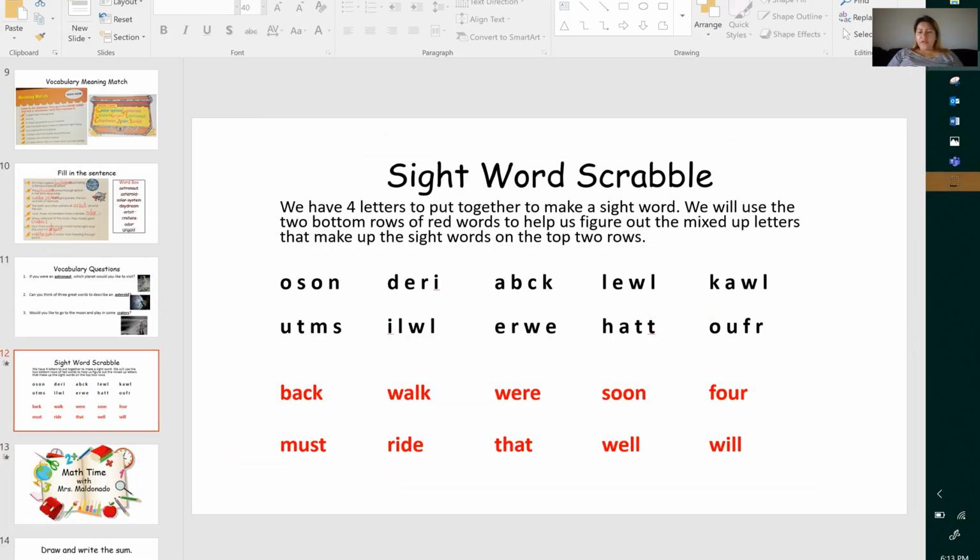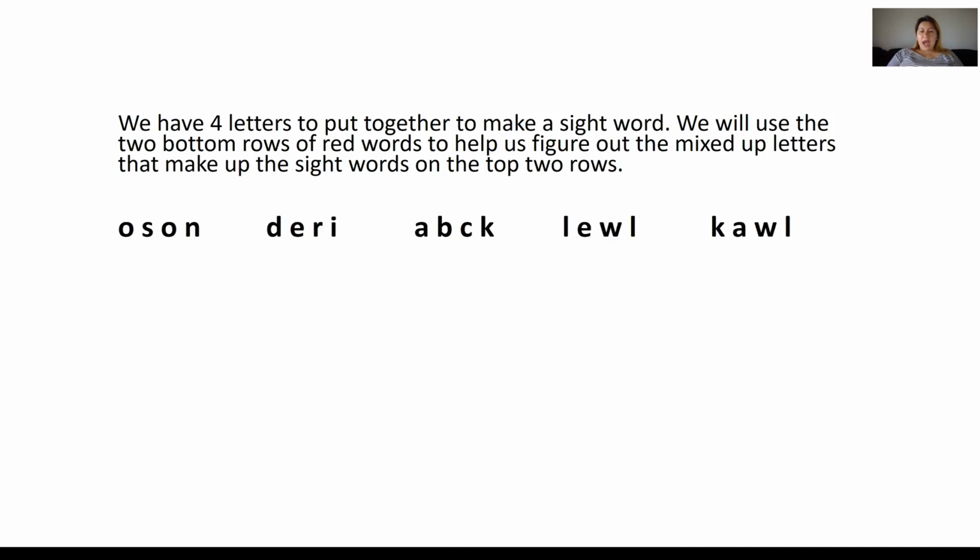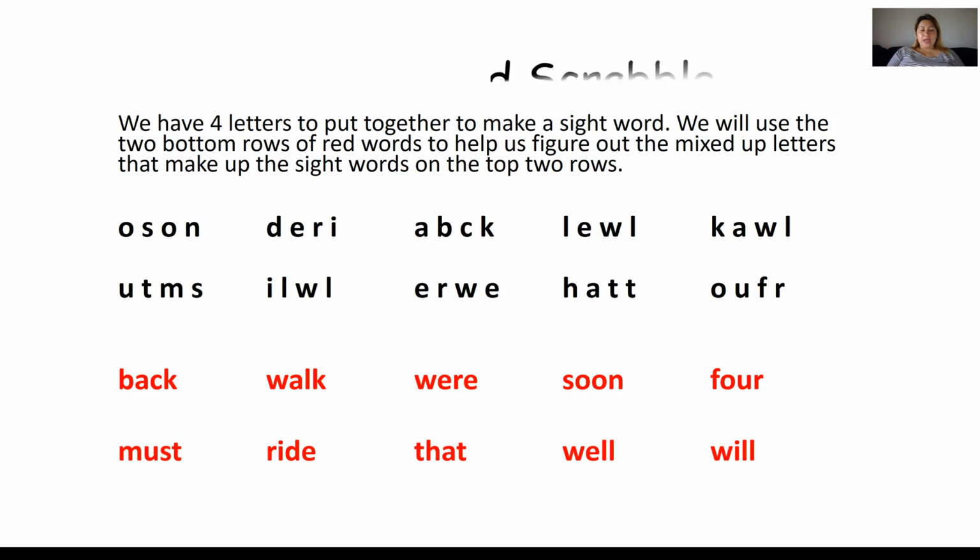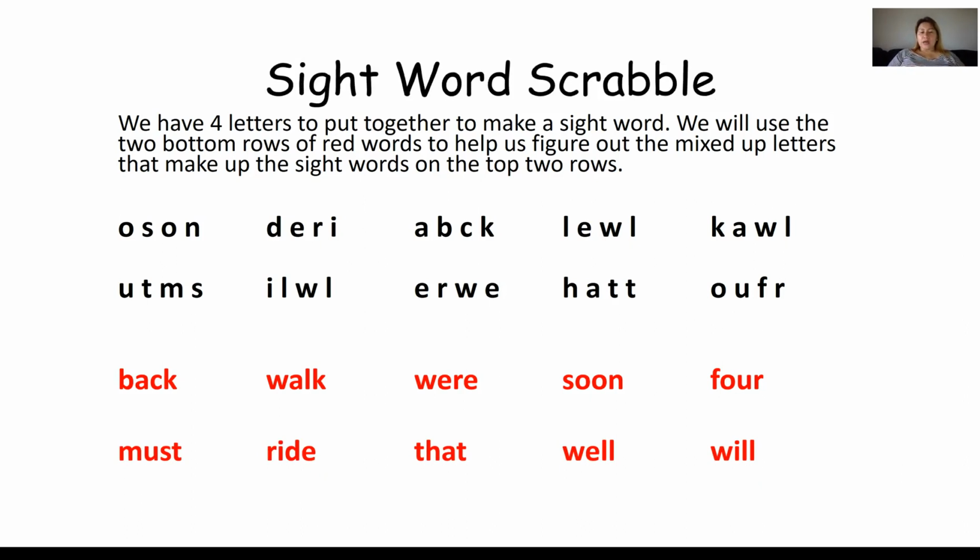Okay, so in the first group of letters, boys and girls, I have O-S-O-N. So I am going to look at the bottom to see if there's any sight words that have those letters. Okay, so O-S-O-N. So if I see the first one in the first red sight word, does it have an O? It does not.